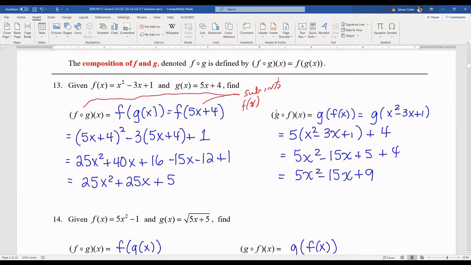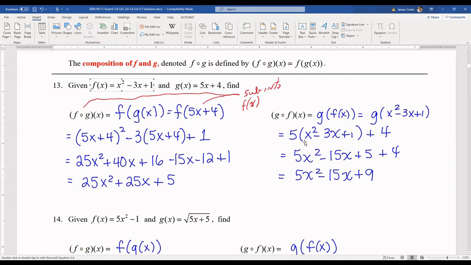Now we're going to reverse this process. So in other words, we're going to take this quadratic formula right here, and then we're going to substitute it into that x in the g equation. Okay, so we're going to take this and substitute it into the g equation.